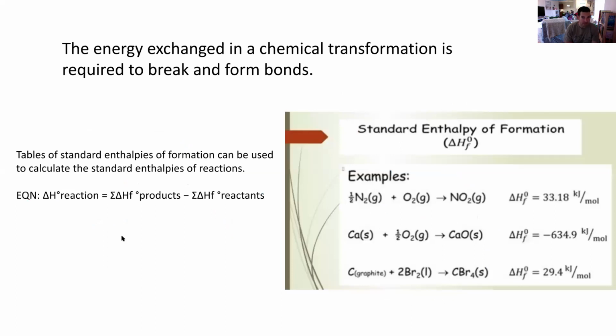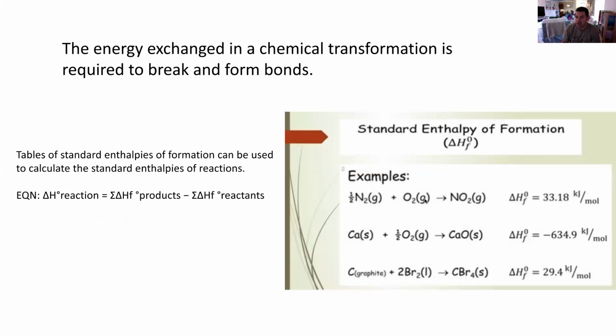Now, there's something else we looked at. There's something called the standard enthalpy of formation. The delta H gets that subscript f and a superscript naught. So all of these reactions occur under standard conditions, which means that they use pure elements, right? All of these enthalpy of formation reactions are to make different compounds.